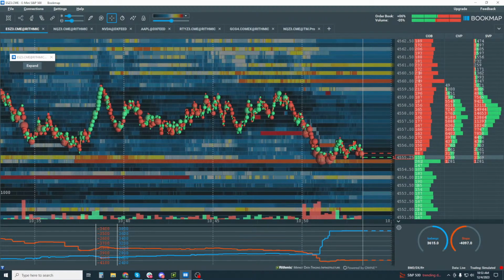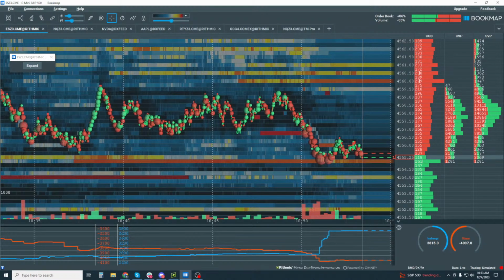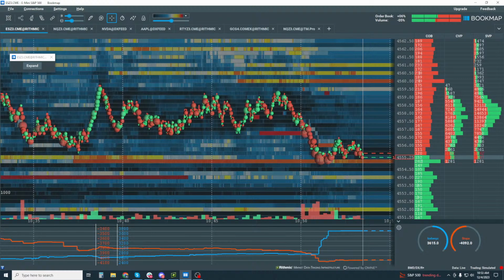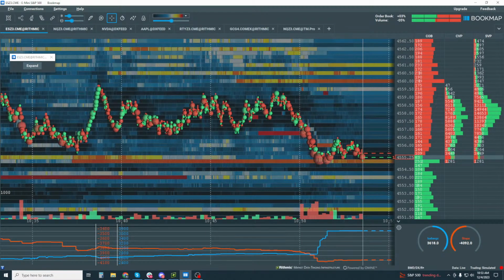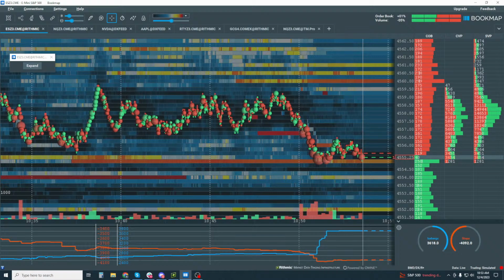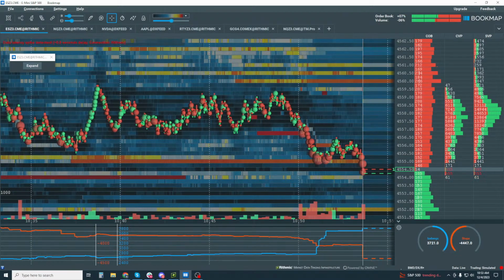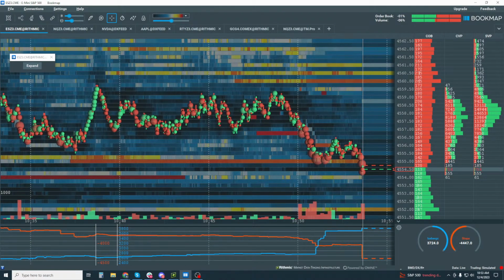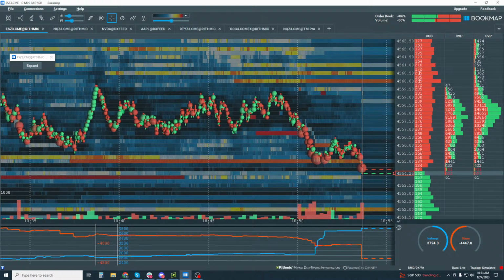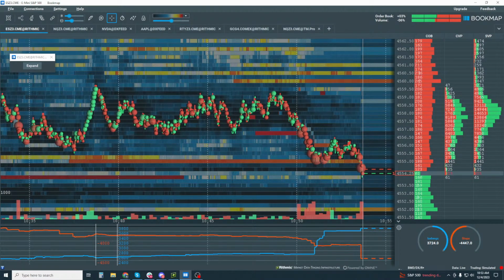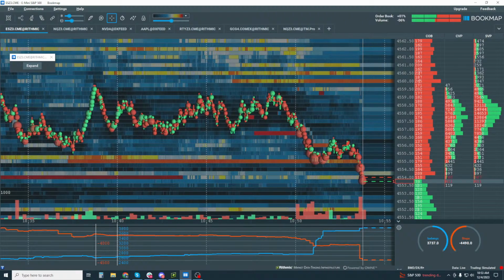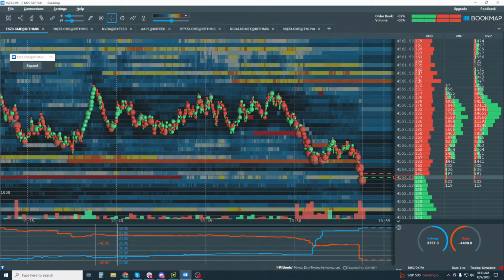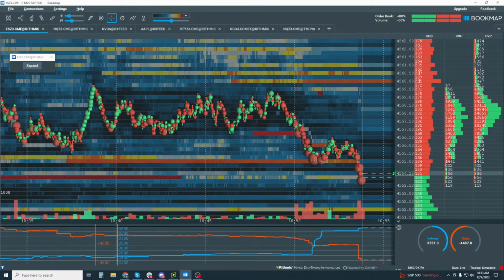DXFeed is high quality as well, and that's why we connect to them, for stocks and for futures. The thing with Rithmic though is it offered the MBO, and maybe DXFeed offers it now too. Like I said, we're not trying to push it. We're not making any money out of it whatsoever.